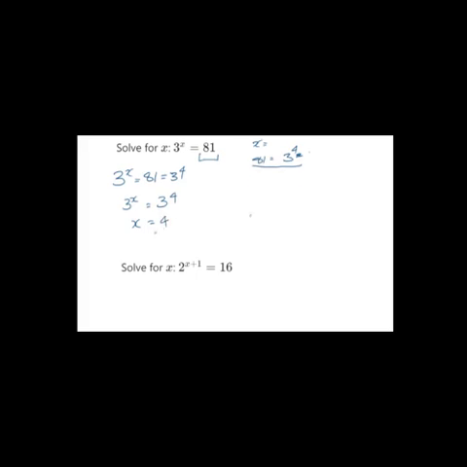So that tells us that 3 to the power of x equals 81, which equals, we'll cut and paste that, 3 to the power of 4. So 3 to the power of x is equal to 3 to the power of 4. So x equals 4. Pretty standard.